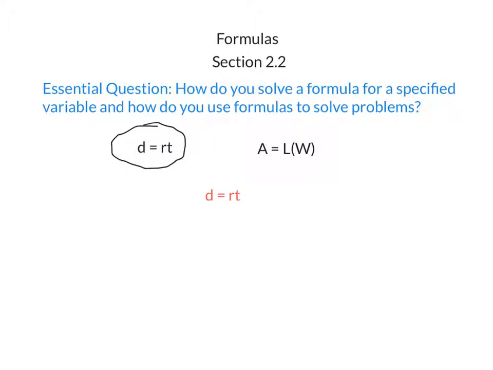So let's start with the basic formula of d equals rt. Well, I want to get rid of the t and get it over to the other side. So one thing I can do is, if I divide the right side by t, I've got t over t, which is 1, so that gets rid of it from the right side. But remember, whatever I do to the right side, I must do to the left side. So therefore, I've got d over t.